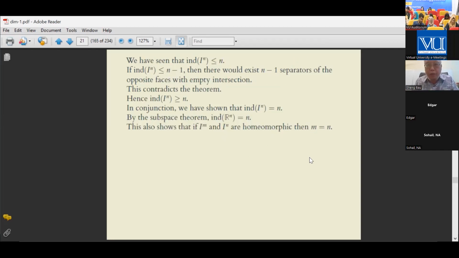Now the definition of the lowercase ind uses open sets and the neighborhood of a point. And it usually utilizes something called a separator of two closed sets.